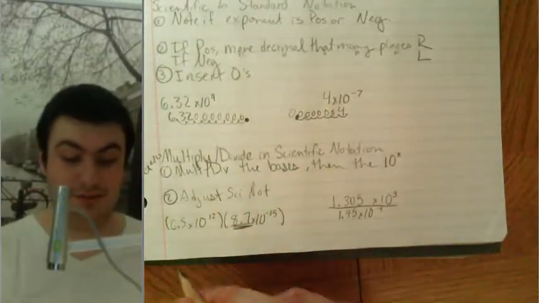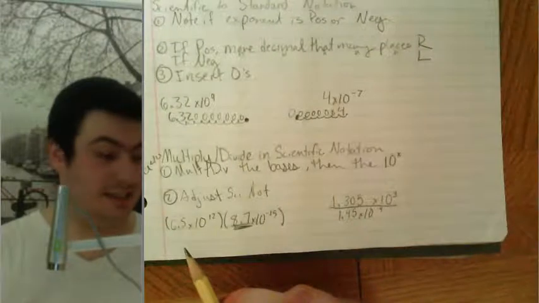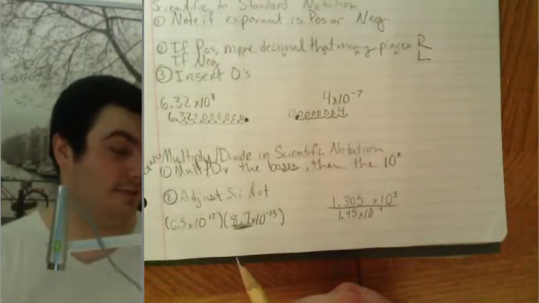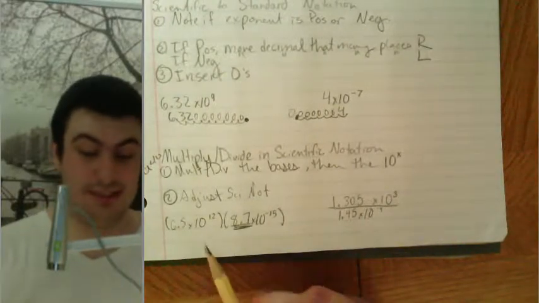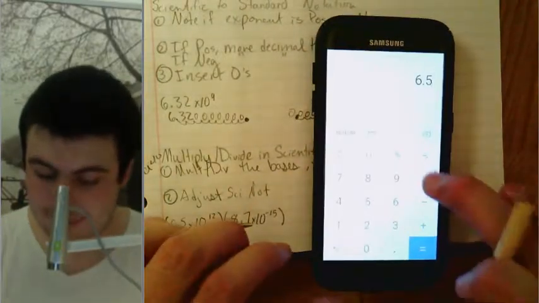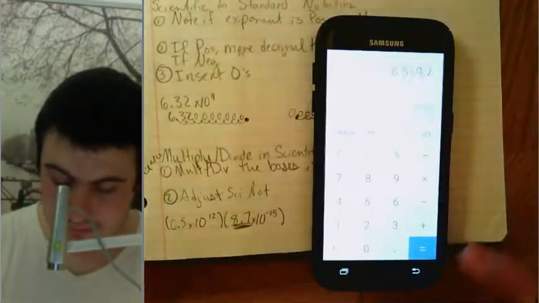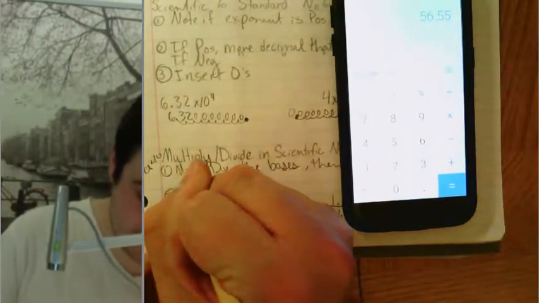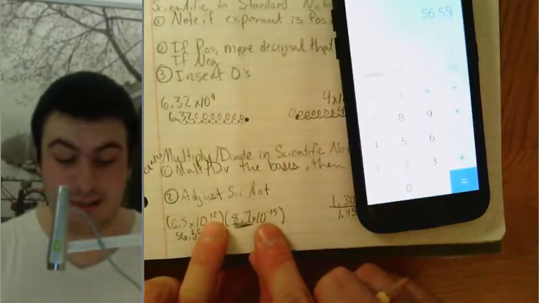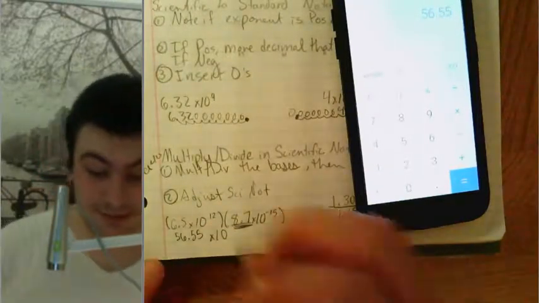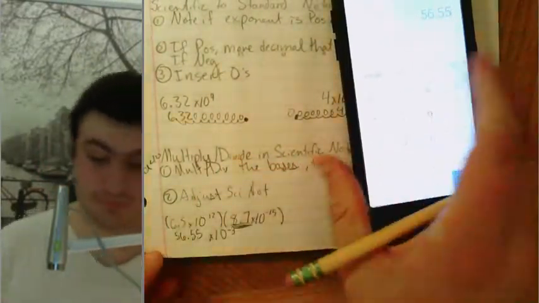So for example, if we have here 6.5 times 10 to the 12th times 8.7 times 10 to the negative 15, first thing we're going to do is 6.5 times 8.7, which comes out as 56.55. 56.55 times 10 to the, when we multiply 10 to the 12 times 10 to the negative 15, that's like 12 plus negative 15, which means times 10 to the negative 3.